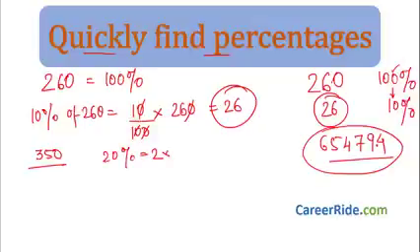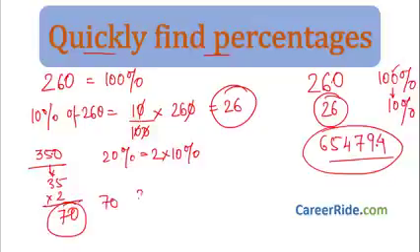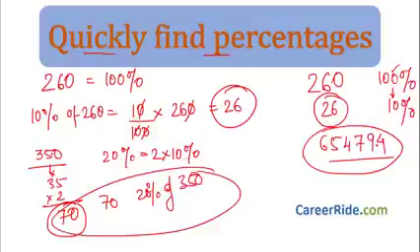That is nothing but 2 times 10%. So find 10% of 350: put a decimal point, you get 35, multiplied by 2. 35 into 2 is nothing but 70. So 70 is nothing but 20% of 350. See how easily, if you know 10%, you can find out 20%, 30%, 40% and all that stuff.